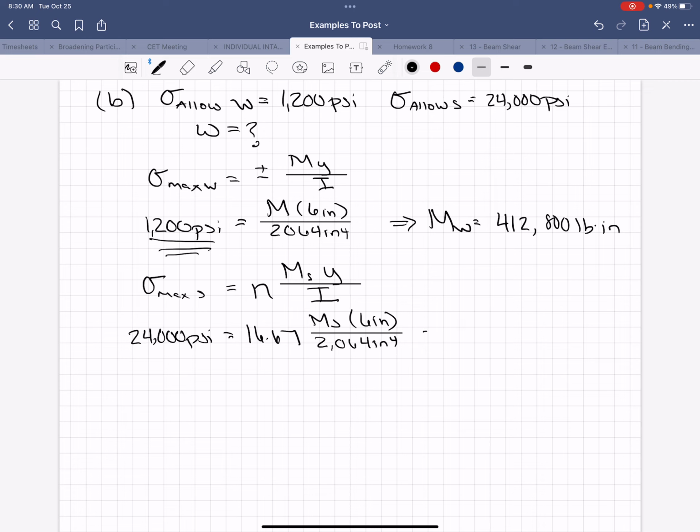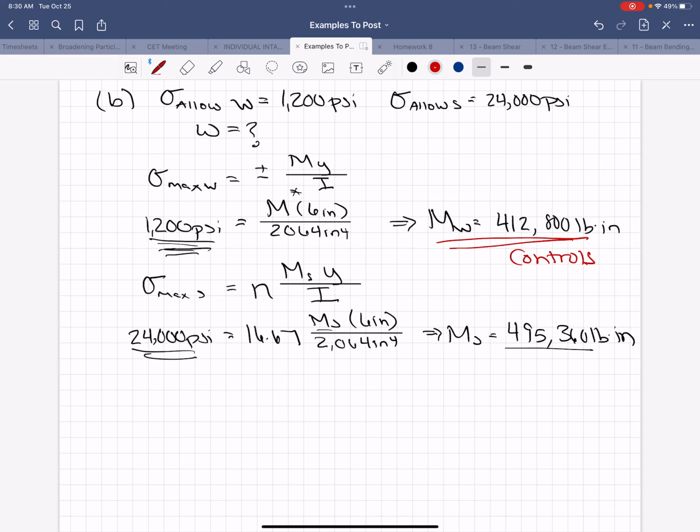And we get that the moment of the steel equals 495,360 pound-inches. So we can't put this moment into the wood equation and stay under 1200. So the wood moment controls. We take the lesser.